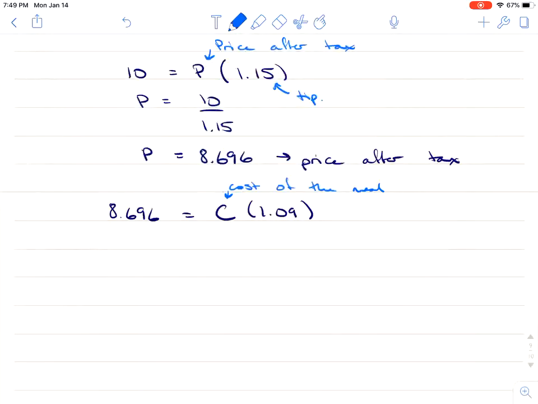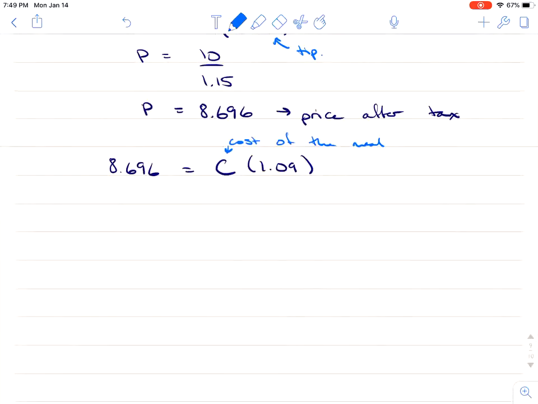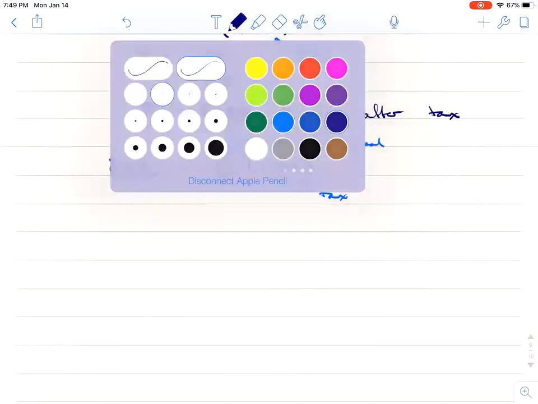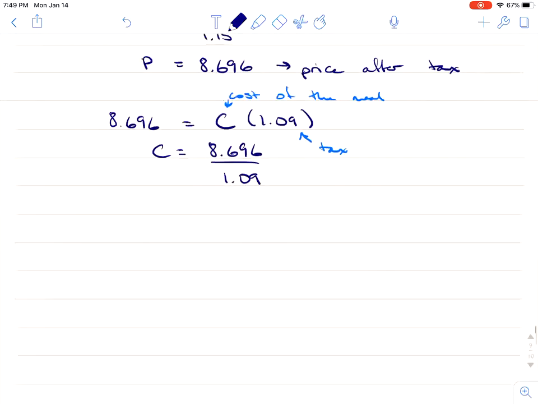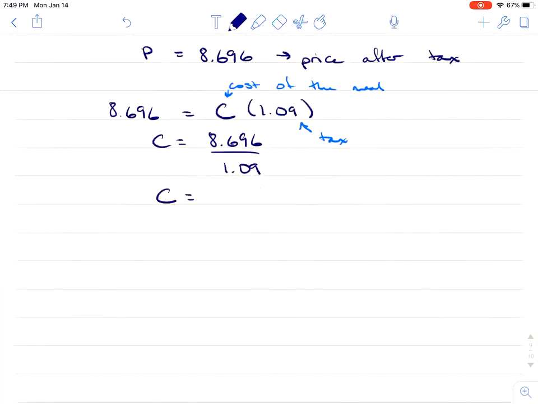That 1.09, that's the tax that we're trying to undo. So again, C is 8.696 over 1.09.